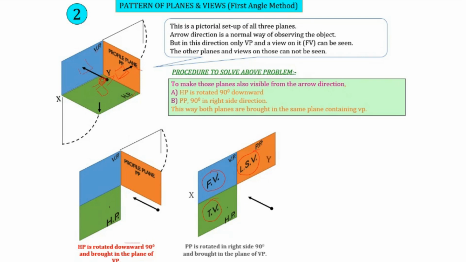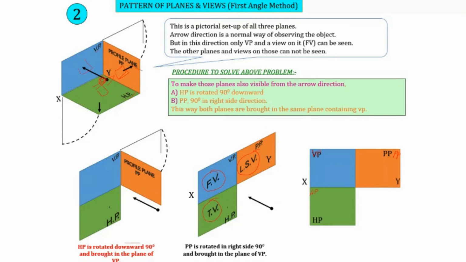Now what we do is we convert this into a proper two-dimensional drawing. So this is our VP, this is our HP, and here it is the picture plane, the PP.